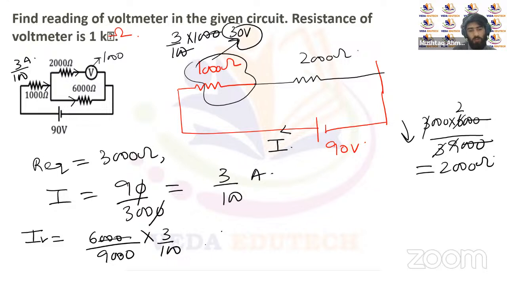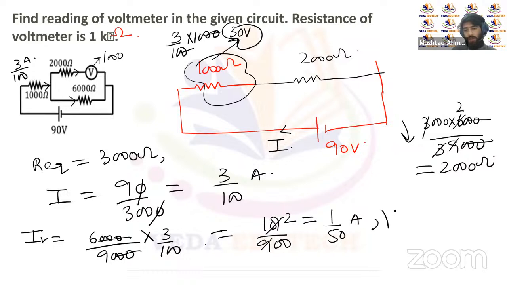So it will be equal to 18 upon 900, which we can write as 2 upon 100, or 1 upon 50 amperes. So this much current will be through this voltmeter.